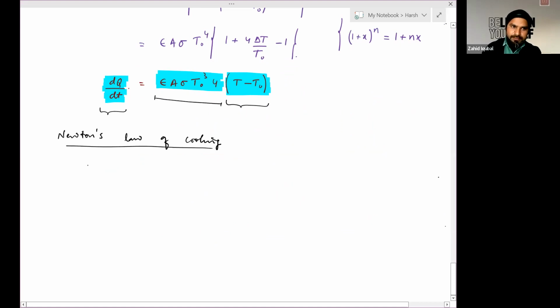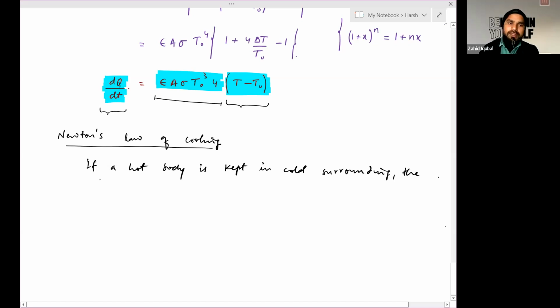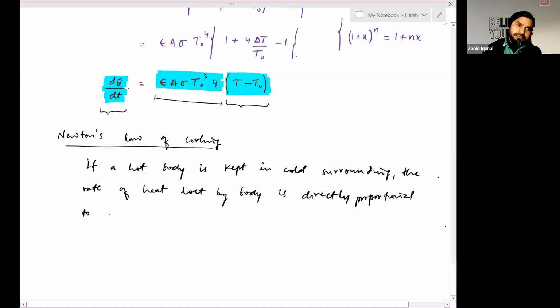It states, if a hot body is kept in cold surrounding, the rate of heat lost by the body is directly proportional to the temperature difference of body and surrounding.